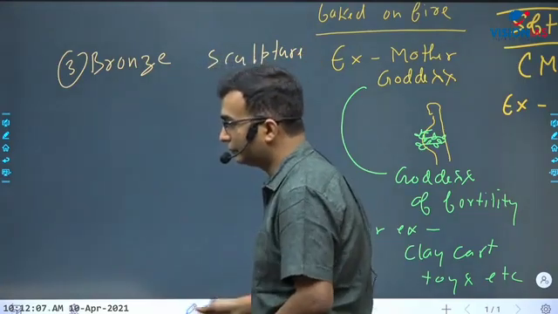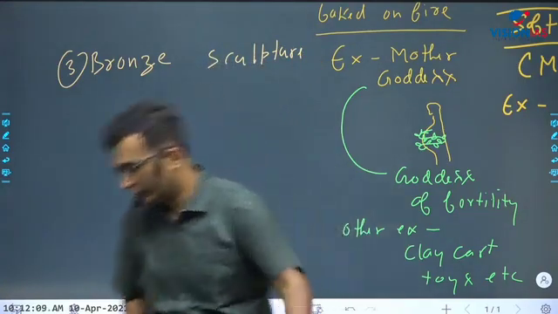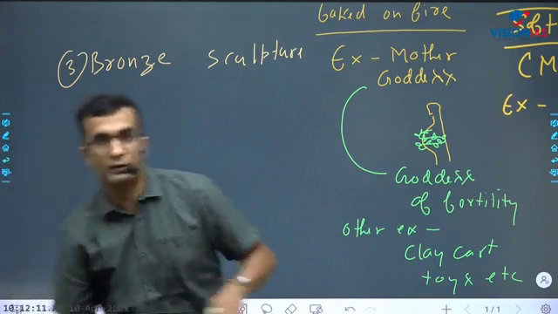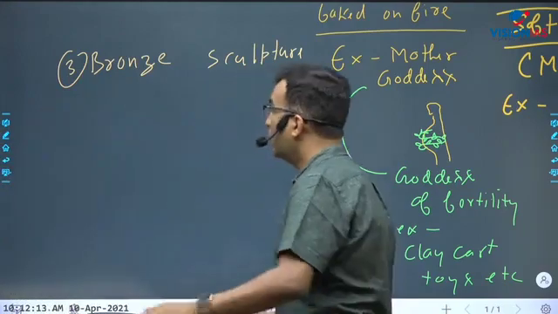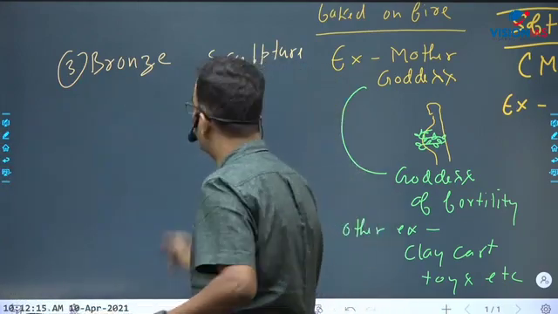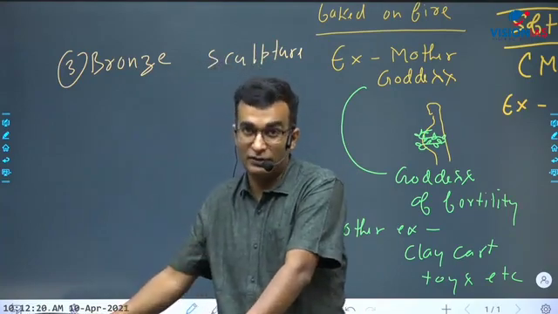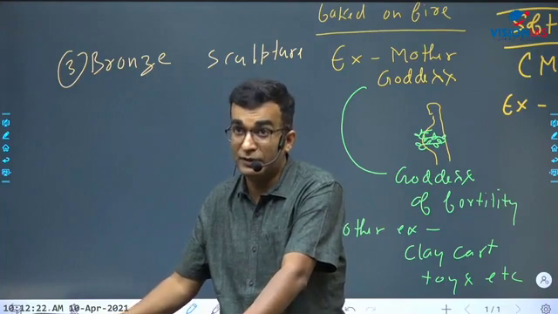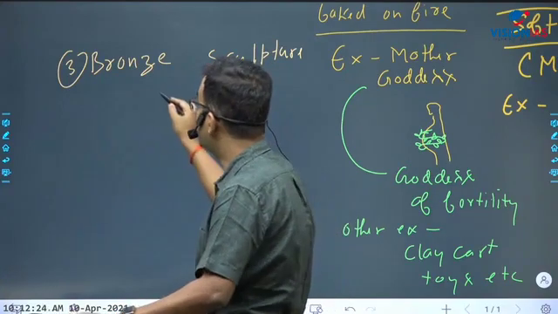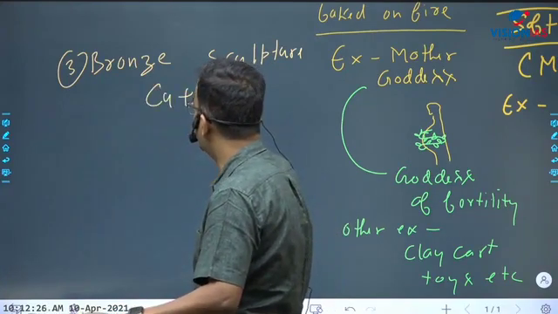So bronze sculpture. I hope you know what bronze is. Bronze is not a specific metal found in nature, but it is made by humans with a mixture of copper and tin.